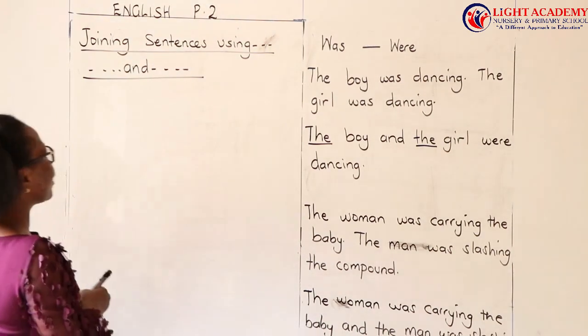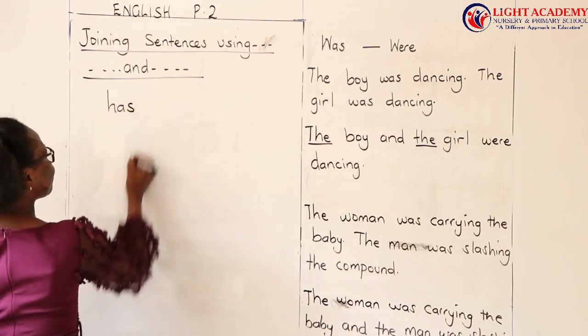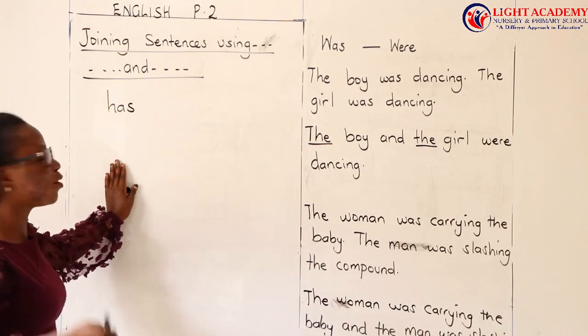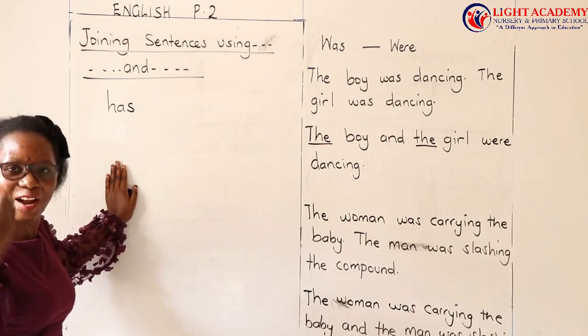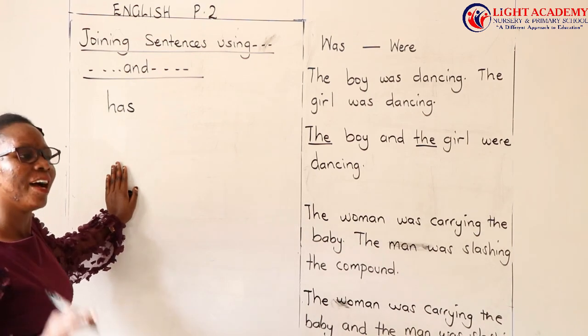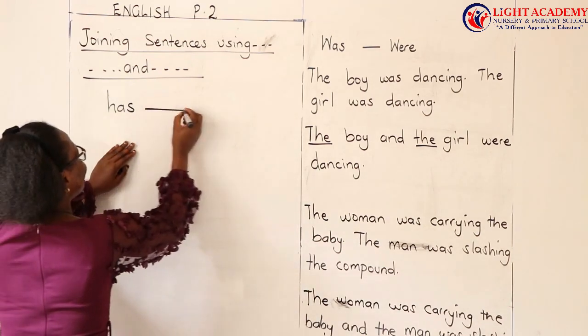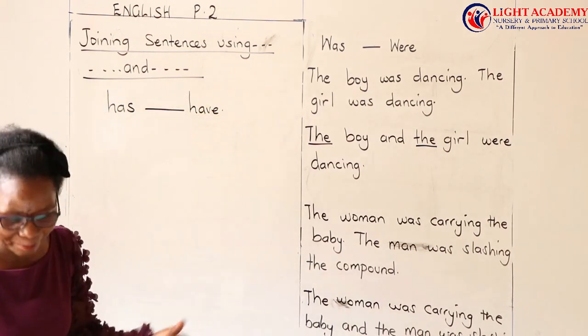Now, we are going to look at another word, has. Has also changes if the activities are the same. I want you to be very keen here. Has also changes into have. Let's look at examples.